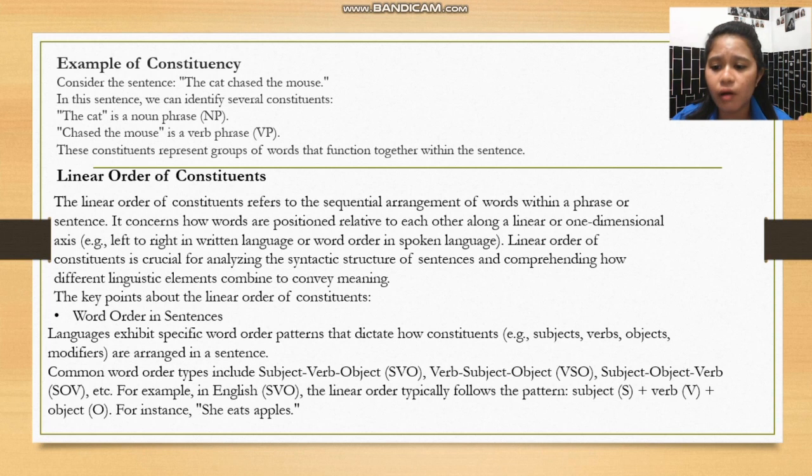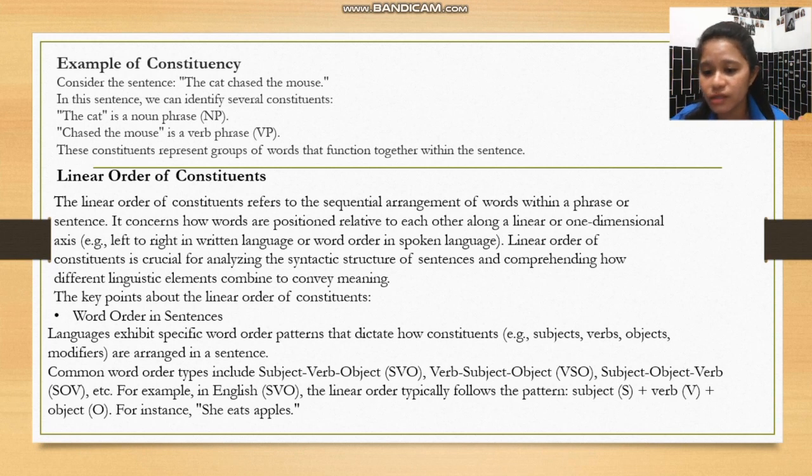Linear order of constituents is crucial for analyzing the syntactic structure of sentences and comprehending how different linguistic elements combine to convey meaning.